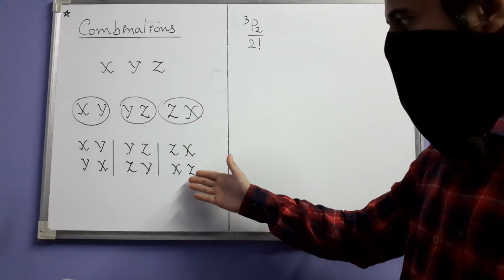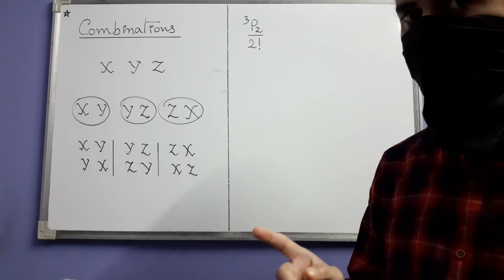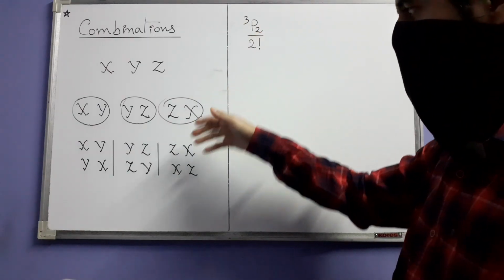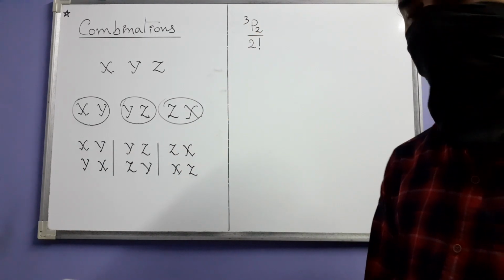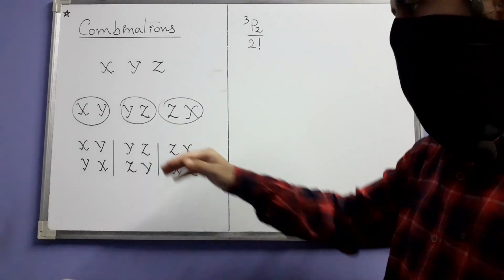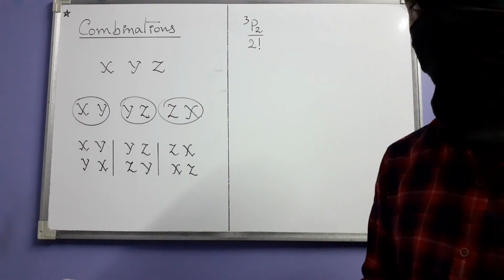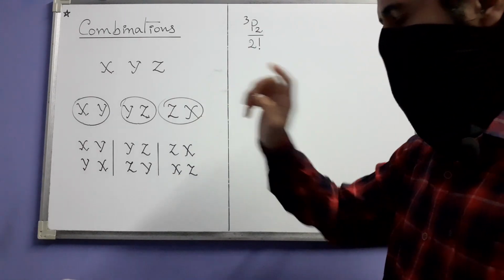Now we know how this number 6 comes. This is the number of ways of arranging three objects taking two at a time, and that is 3P2, which turns out to be 6. But we don't want this number. We actually want only the number of ways of selecting two objects from three objects. So that means we are counting twice the number needed.